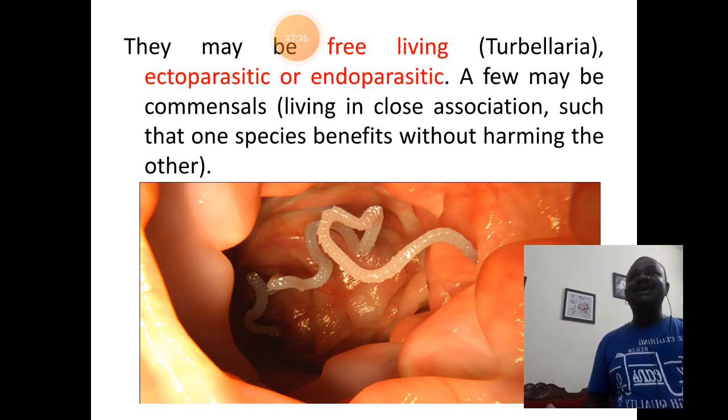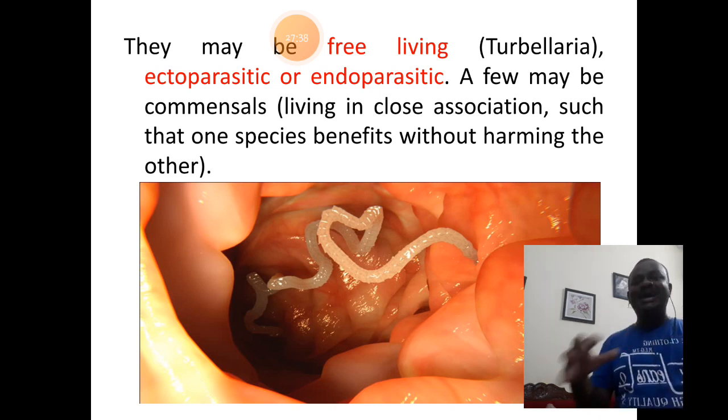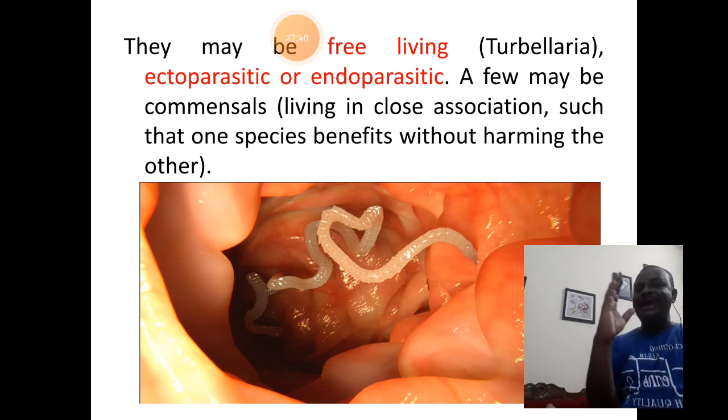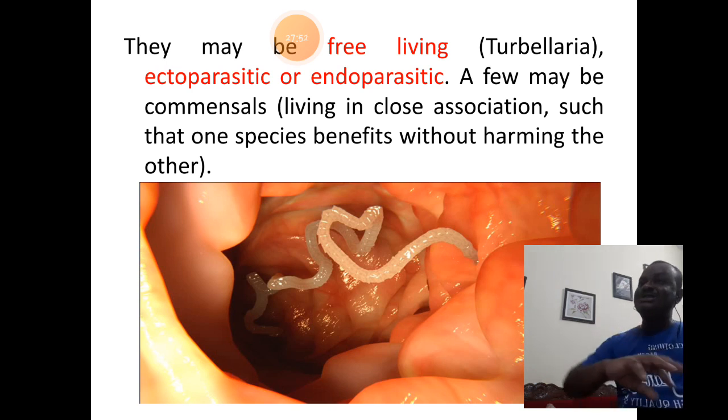Based on the location, either inside or outside the body of the host, we have two types of parasites. Number one, ectoparasites. Number two, endoparasites. Ecto means outside, endo means inside. Ectoparasites live outside the body of the host. Endoparasites live inside the body of the host.